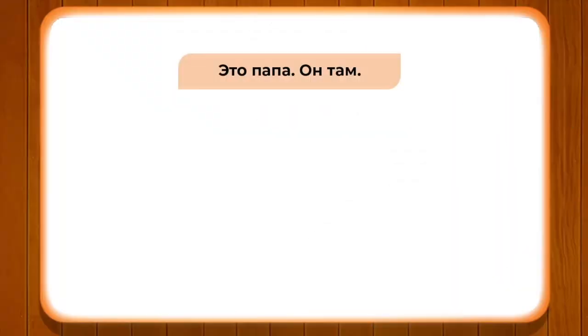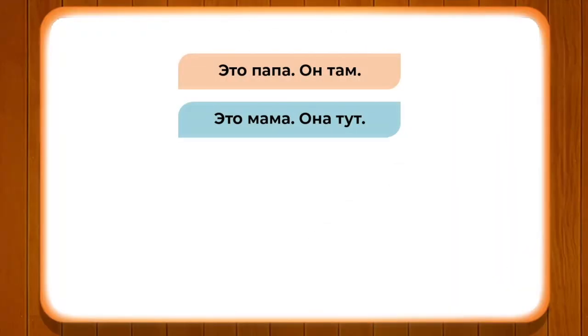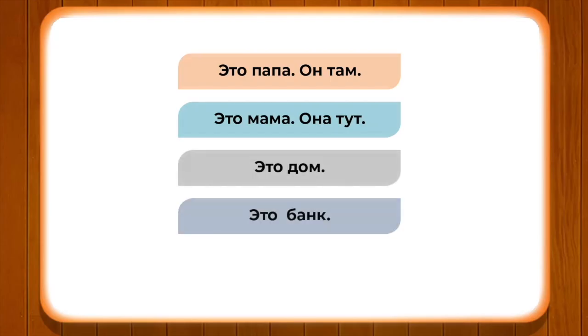Alright. Now we will look at a few more such exercises, where you will find a combination of different letters as vowels and consonants. And now we are moving a little bit ahead, from words to simple sentences. Here we have certain examples of such arrangement: eta papa, on tam, eta mama, ana tut, eta dom, eta bank, eta banan.